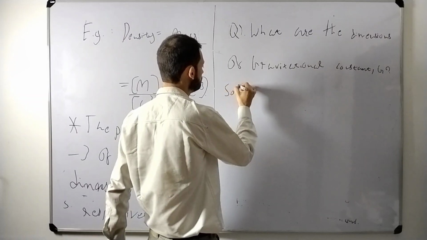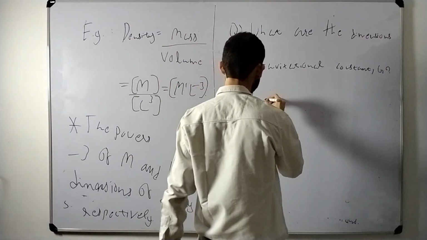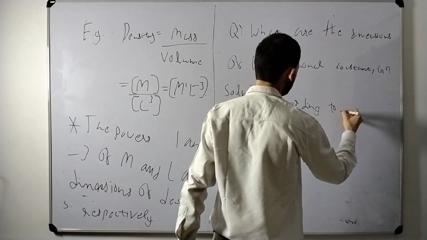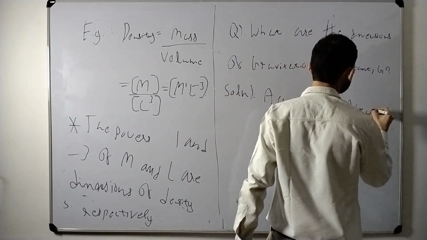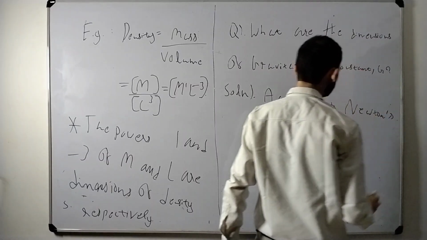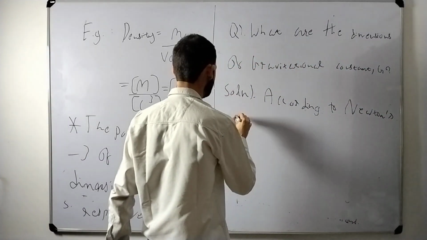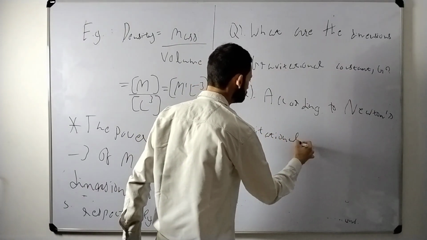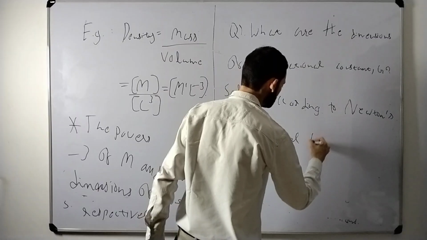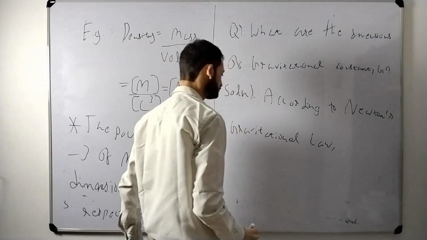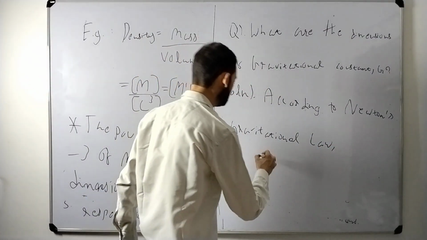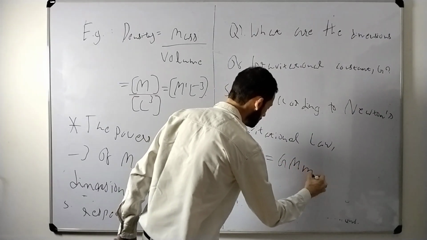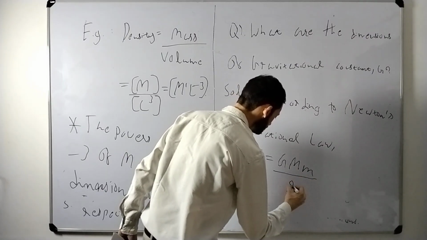So, solution. According to Newton's gravitational law, what is it, students? F is equal to G M M upon R square.